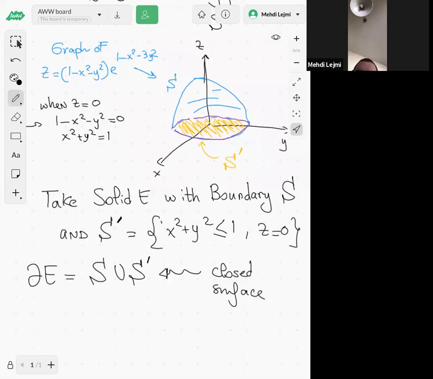You need the boundary given by the surface S to be closed. So we need to glue to the surface S this surface S prime, which is the disk lying on the xy plane, to get a closed boundary of the solid E. Right, now what does Gauss theorem say?